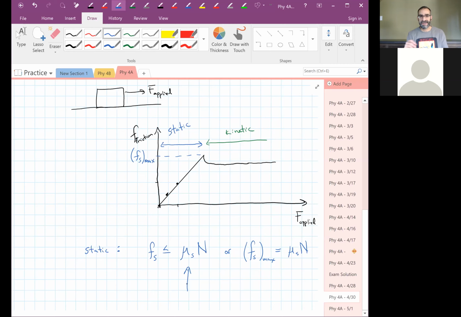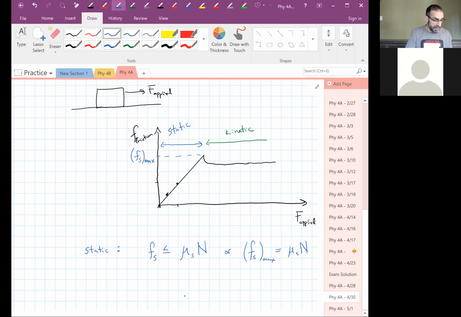It's a little hard to tell sometimes from my handwriting, but that's the Greek letter mu. That mu depends on the surfaces. Some surfaces are very slippery. They have a small coefficient of friction. Some are rough and hard to slide across, and they have a high coefficient of friction. So that coefficient of friction depends on the surfaces. The normal force tells us how hard they're being pressed together.